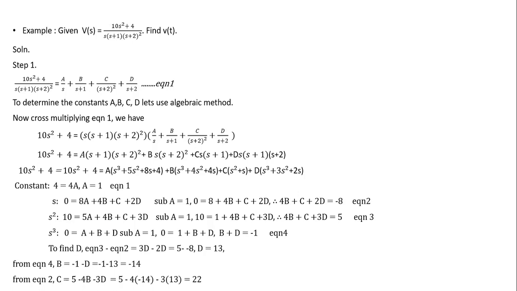I believe so. Then you now begin to multiply again that which you have by what? s plus 1. When you expand everything, you should be having A into s cubed plus 5s squared plus 8s plus 4. Then in this case, remember we said you're going to have s squared plus 4s plus 4.